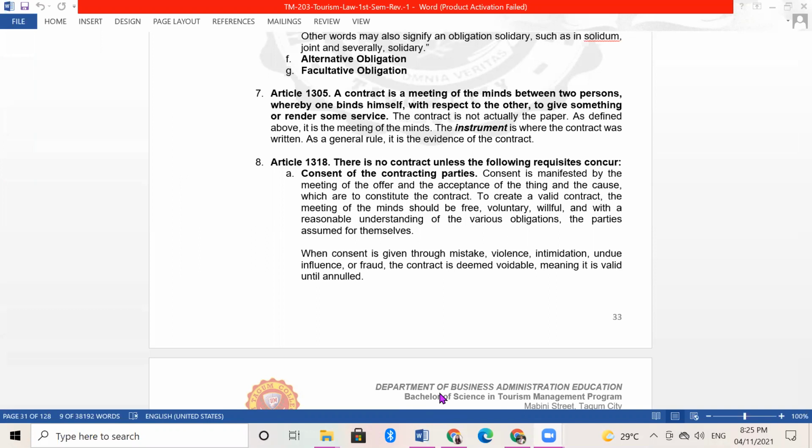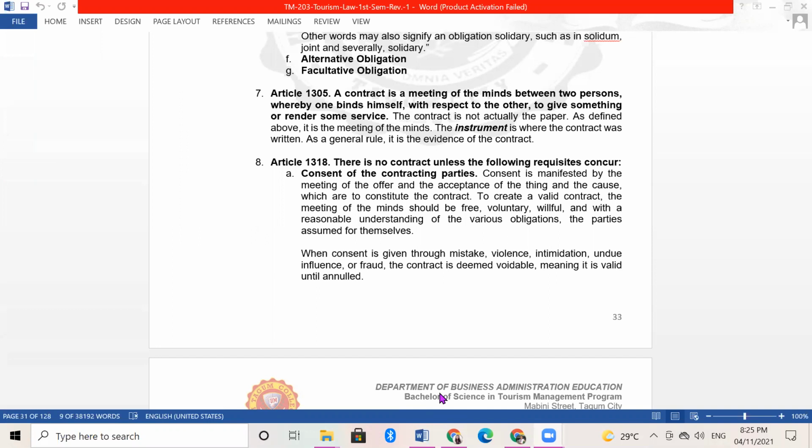When consent is given through mistake, violence, intimidation, undue influence, or fraud, the contract is deemed voidable, meaning it is valid until annulled. So meaning if the requisites are not within the contract, then the contract may not be valid as clearly stated in this article.